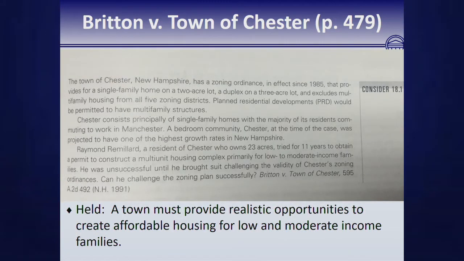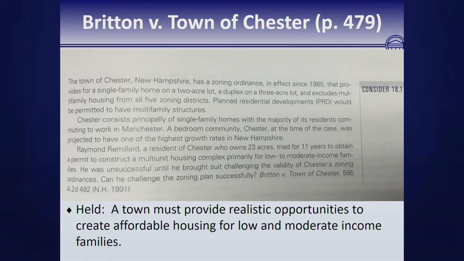All right, next case. And this next case also involves some sort of exclusionary zoning. This is 18.1 in your book, Britton versus Town of Chester on page 479. And this is an example of where zoning was successfully challenged. The Town of Chester, New Hampshire has a zoning ordinance, and it's been in effect for years.